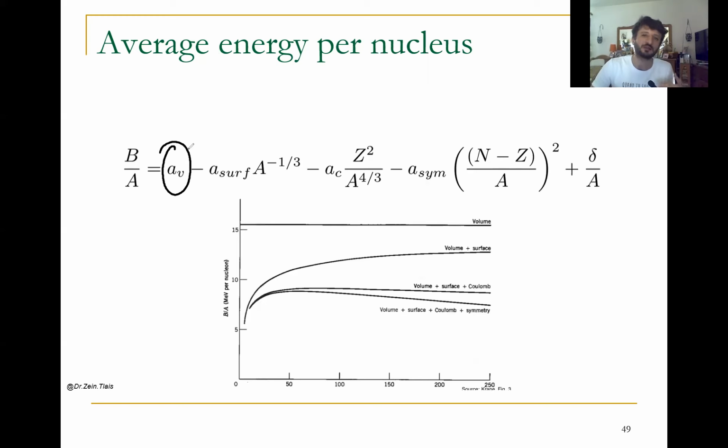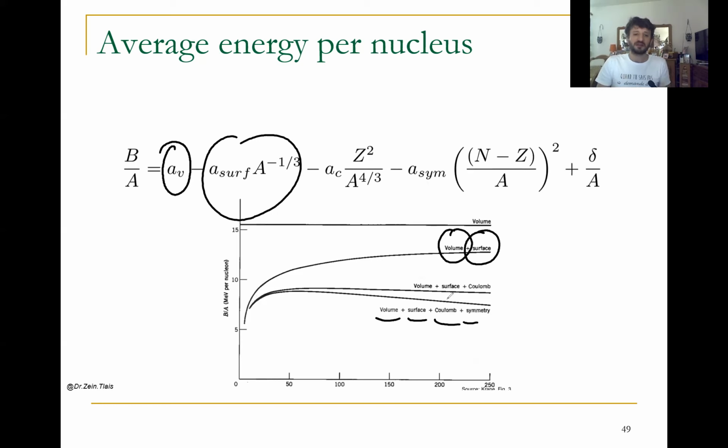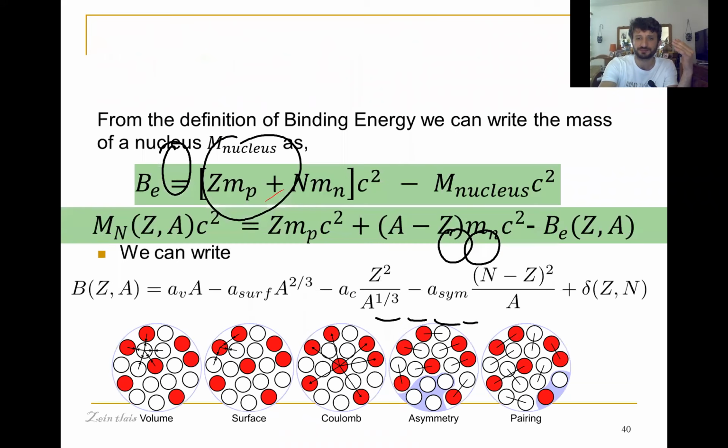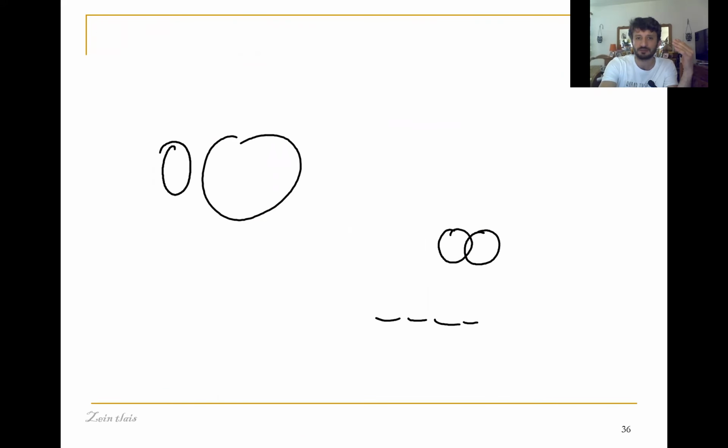I mean I take into account only this one, we don't take this, and so on. If I take the volume plus surface factors into account, only these two terms, we get this relation. If we continue and arrive at the volume, surface, Coulomb, and symmetric terms, we get this relation. Finally, we must have a similar relation to the last one. We come back to this one.